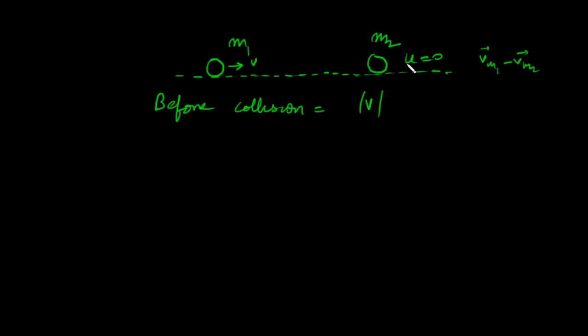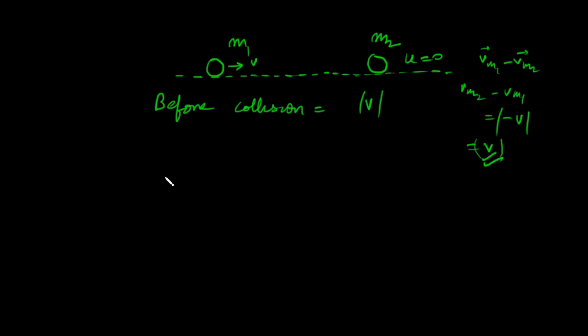Even if we take the difference of the velocity of m2 minus velocity of m1, this would be minus v. But if we are calculating relative speed, we take the modulus of this, so this is v. In any case the relative speed would be v.